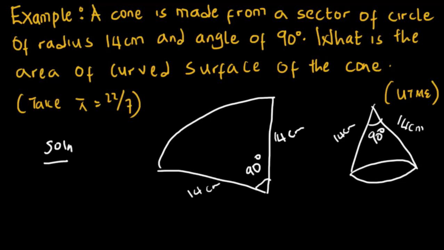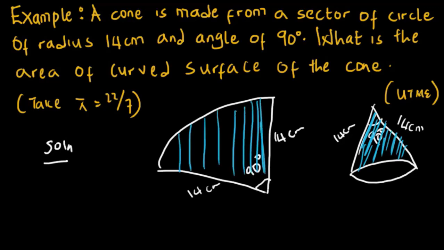Now I'm told to find the curved surface of this cone. So the curved surface area of the cone would be this part. So I have this part, the curved surface area. Now remember, the curved surface area, this place, is the same thing as this place. And the space a shape takes up is what?